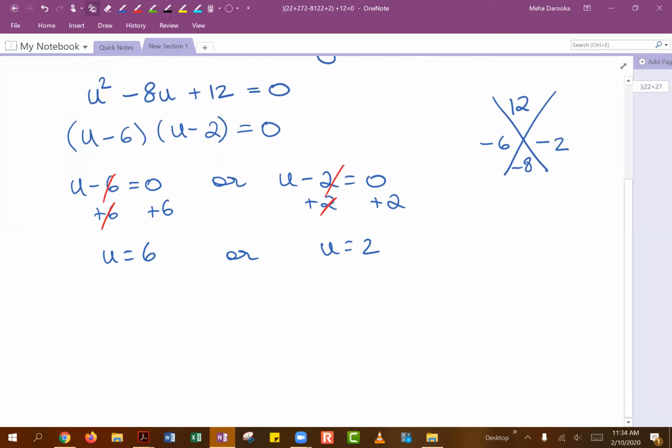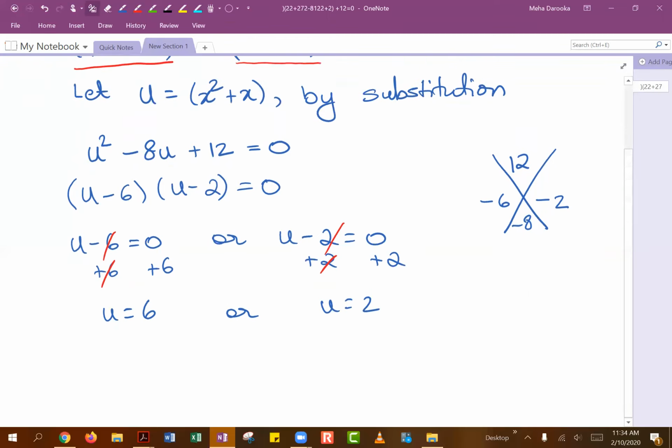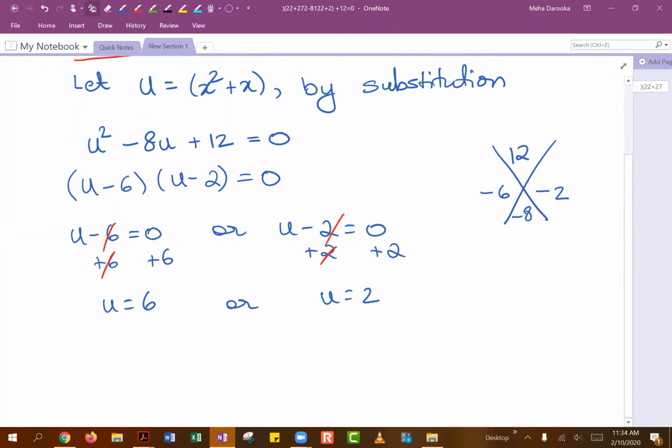Technically, we have now solved the quadratic part. Now we can go back and bring in the original value that we set our u equal to. And again, u was x squared plus x. So now we are going to replace u with x squared plus x, which will equal 6, or x squared plus x equals 2.